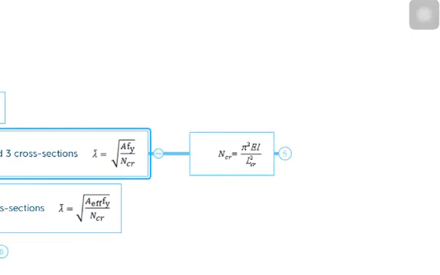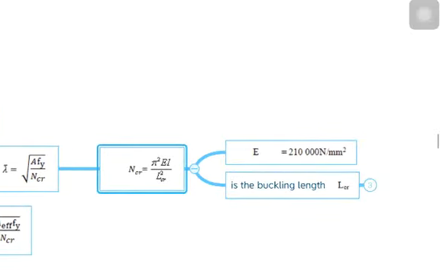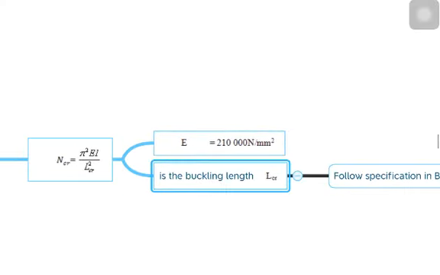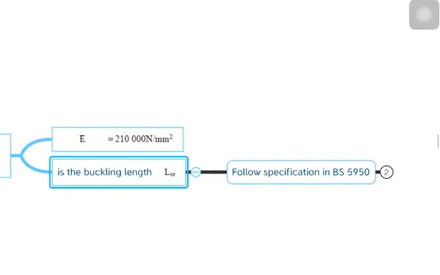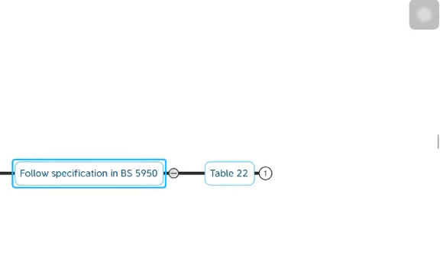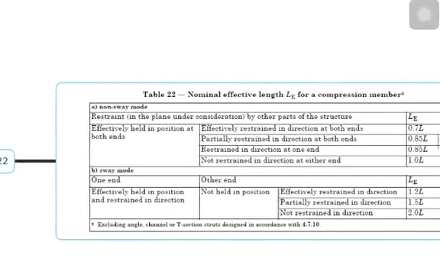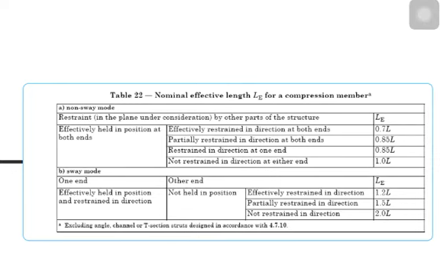To get the value of E, the EI is this value, and LCR you get from a table, table 22 here. LCR is the effective length of the compression member. If both its ends are rigid, then it's 0.7. If not, usually it is 1.0.